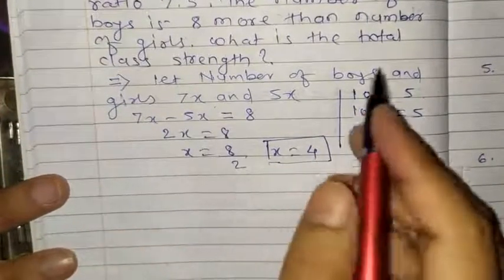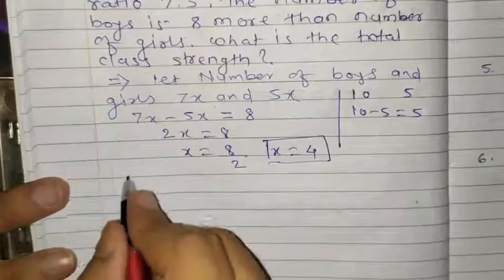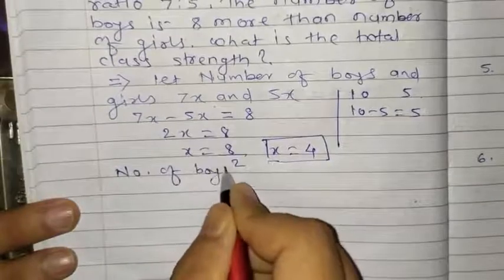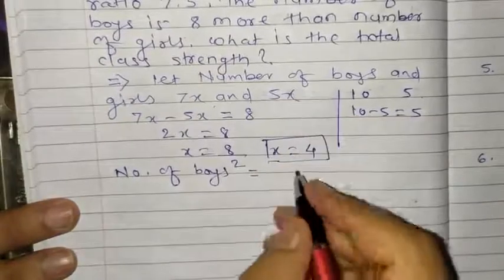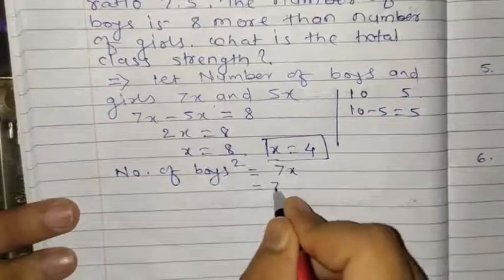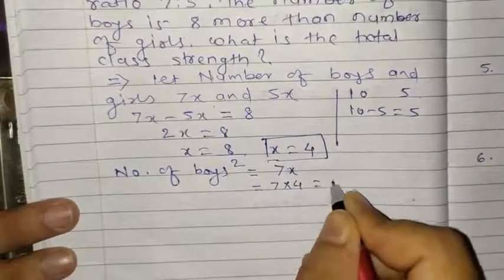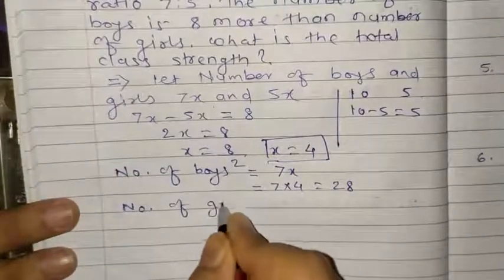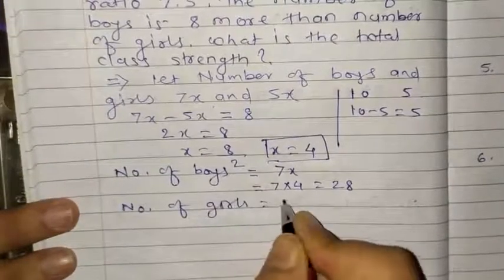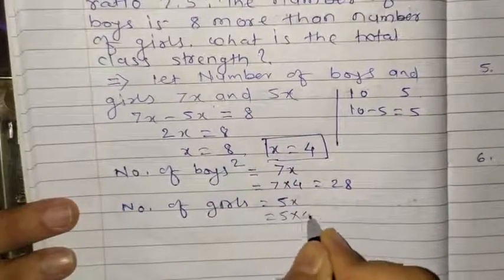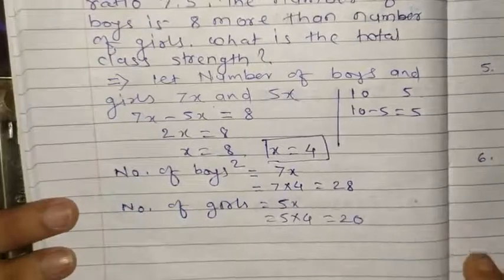Finally, in the question we have to calculate the total strength. The number of boys is 7x, so 7 into 4, 28. And the number of girls is 5x, so 5 into 4, it is 20.